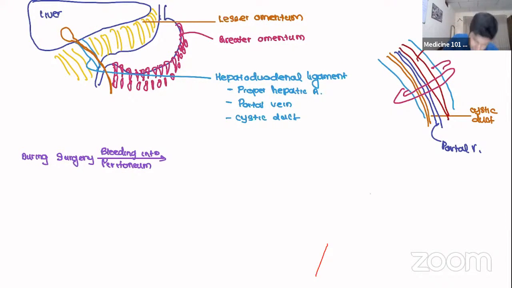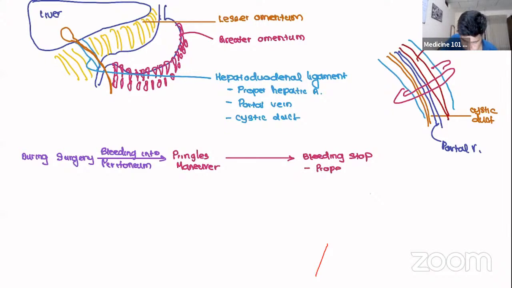The Pringle maneuver. When you do that, if the bleeding stops, that means the bleeding is due to the proper hepatic artery, one of the arteries there. Could be the portal vein also, but then we are talking about a lot of blood loss.